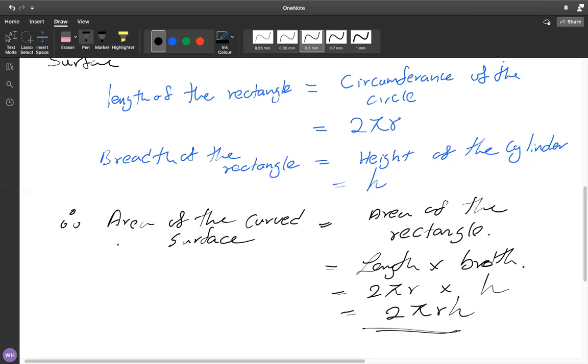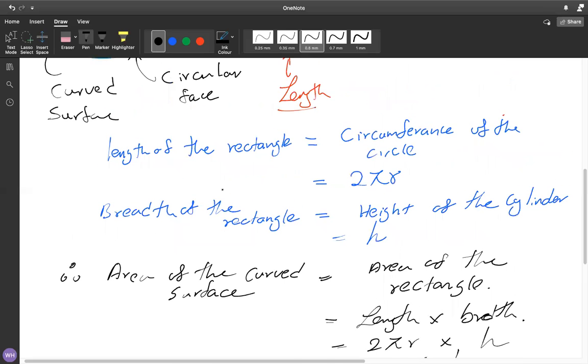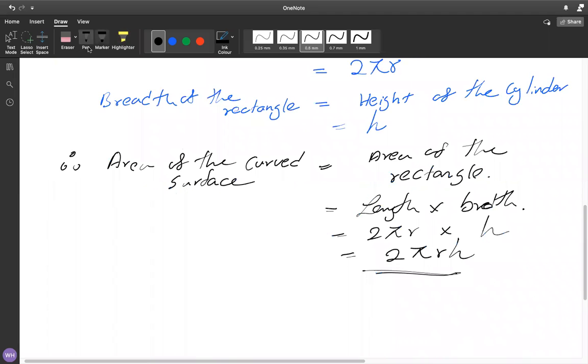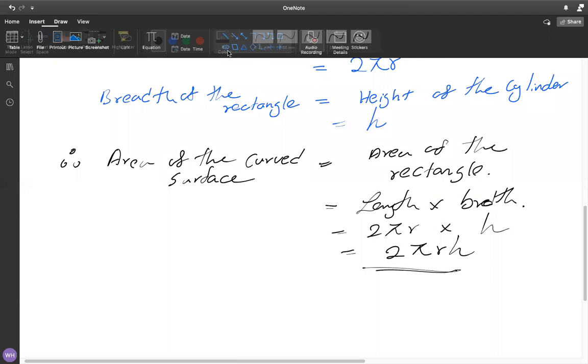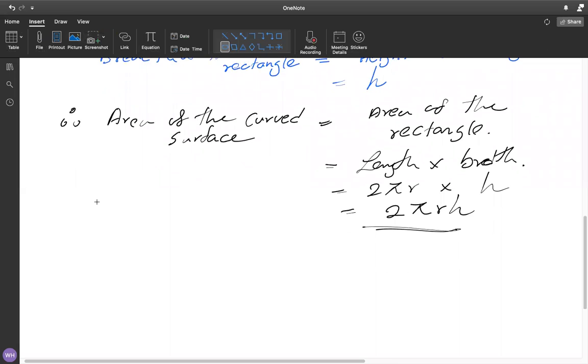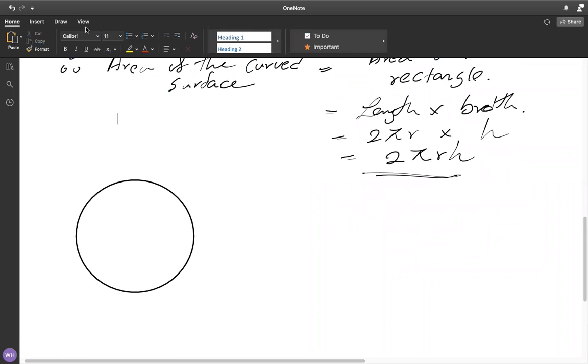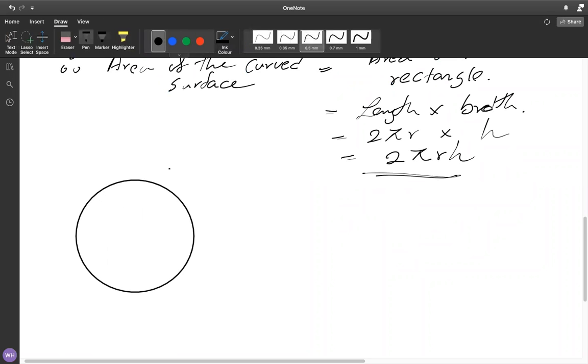Okay, next, right? The circular surface. The circular surface of the cylinder is a circle. So everybody knows it. So this is the corresponding, and starting from here, there will be a radius. So this is the corresponding radius.